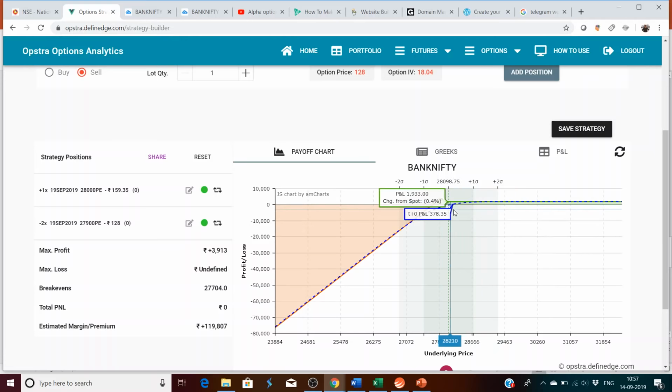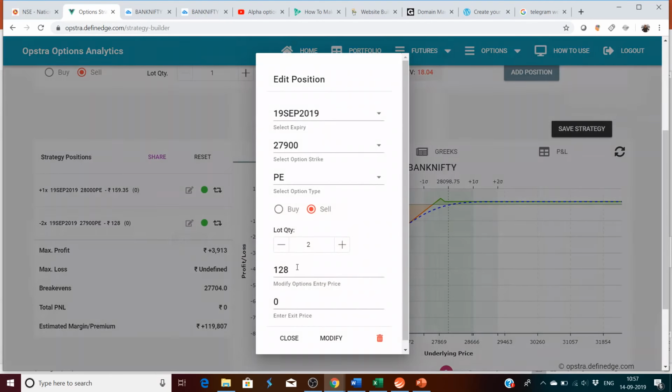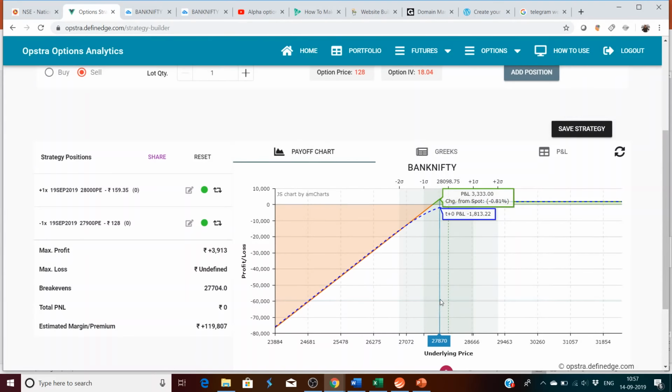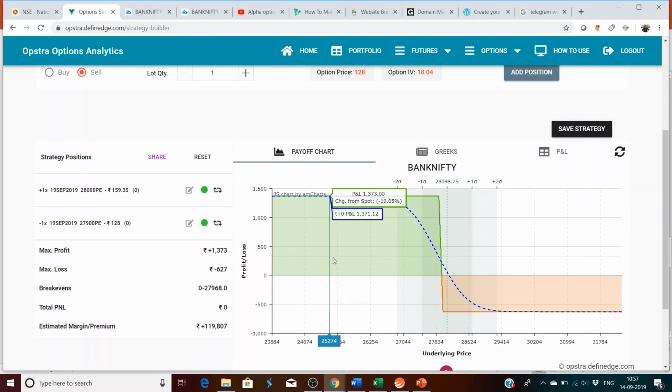So if the market again changes direction, you need not wait till the market changes direction. If the market starts moving back, you can simply exit at this 3000 rupees profit. Or in case you don't want to exit and hold till expiry and the market changes direction, you can always close one position and go back to the earlier direction.